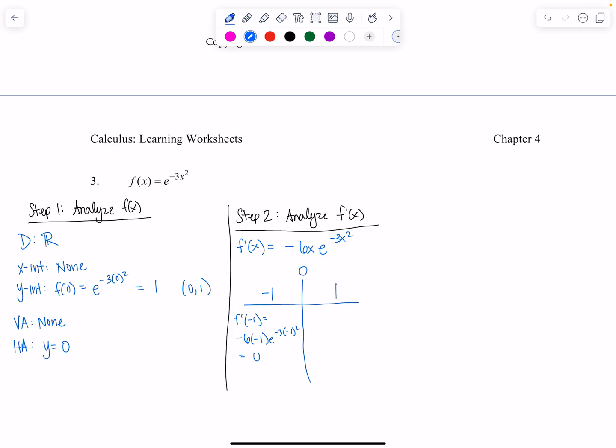So that's about 0.299, so positive. And our derivative at 1, -6 times 1 e to the -3 times 1 squared, that will give me -0.299, so negative. So we're increasing and then we're decreasing. That tells us we have a max at 0.